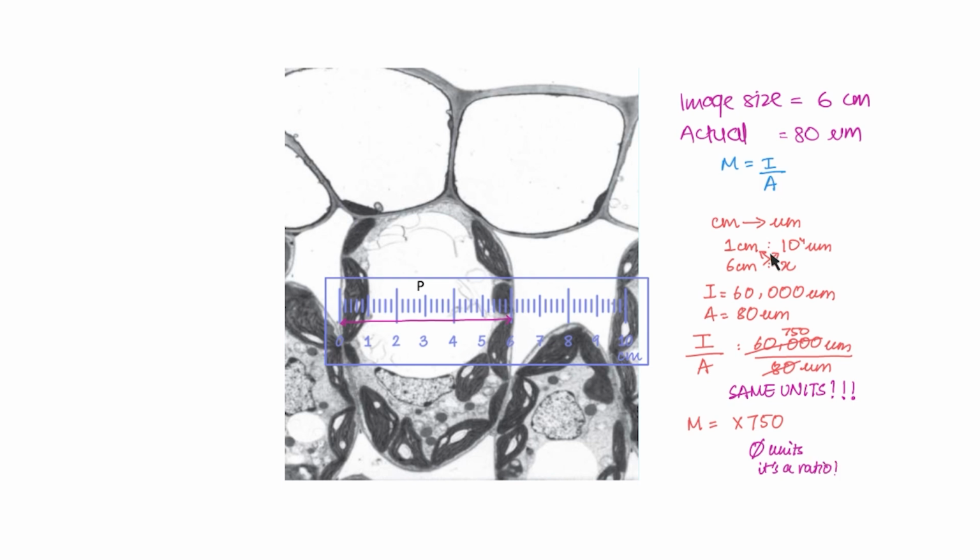When the units are the same, as the numbers are being divided, the units get divided also, and the units cancel each other out. So as a result, magnification has no unit, but you write the sign of times before the number that you've calculated for magnification to highlight that this is how many times this image has been magnified.